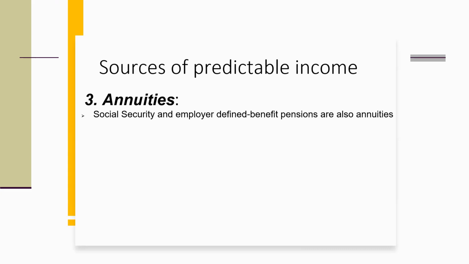When you're buying life insurance, what is it you're trying to do? You're trying to protect your family in the event that you die prematurely. On the other hand, insurance companies are experts at managing risk, and so annuities are sold in order to protect you from something else. And that risk is the risk of living too long.